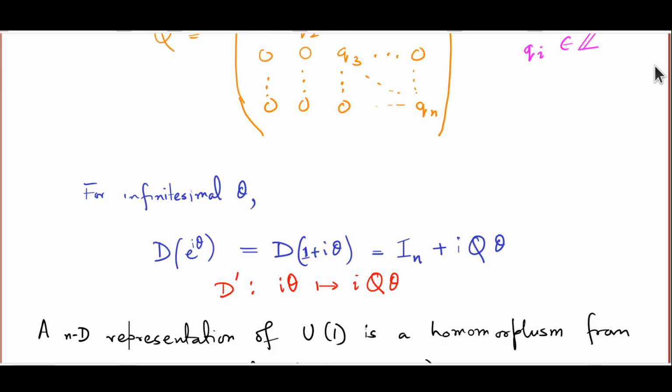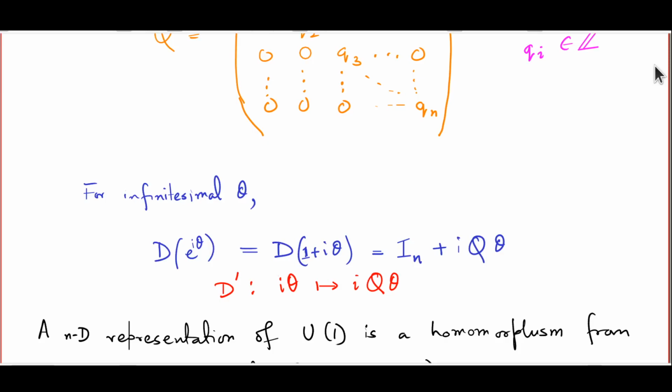So in general, the representation maps group elements into matrices in a non-linear fashion. Whereas, as you can see, the derivative of the representation actually maps deviations from the identity to deviations in the result, but in a linear fashion. And this linearity is actually going to be very, very important in what we are going to deal with later.